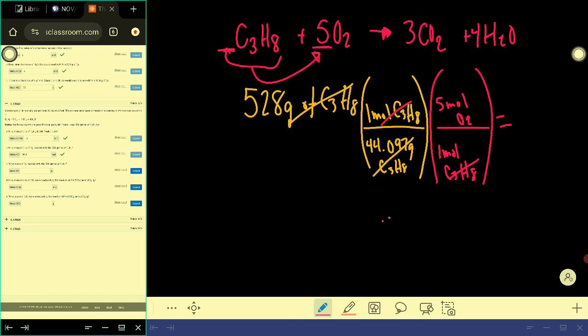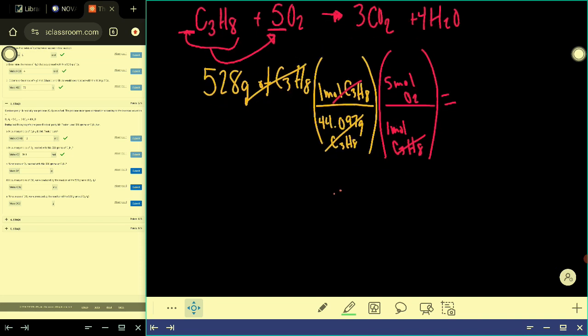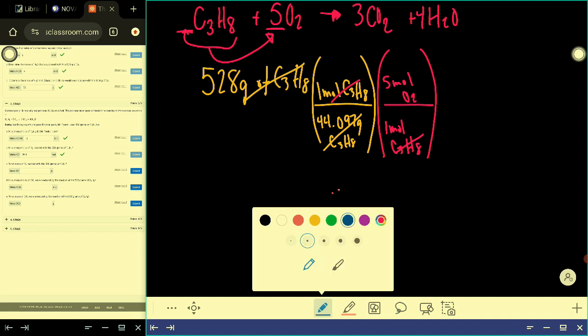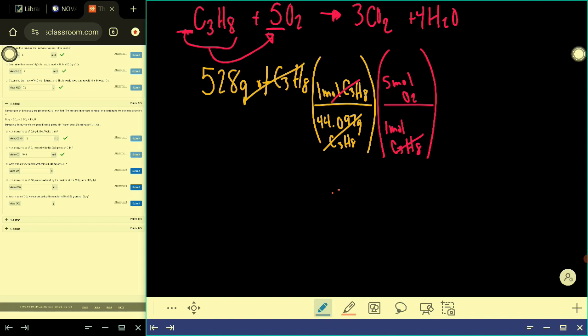Part C says what mass of O2 is required for this. Again, same mass to start with. So I can just erase this and add another conversion factor here. We want to know the mass of oxygen gas, and I already am in moles of oxygen gas. So in 1 mole of O2, this is a problem you guys have struggled with a few times, because it's O2, it's a molecule. We have to take that 15.999 when we look at oxygen, but do 2 of them.